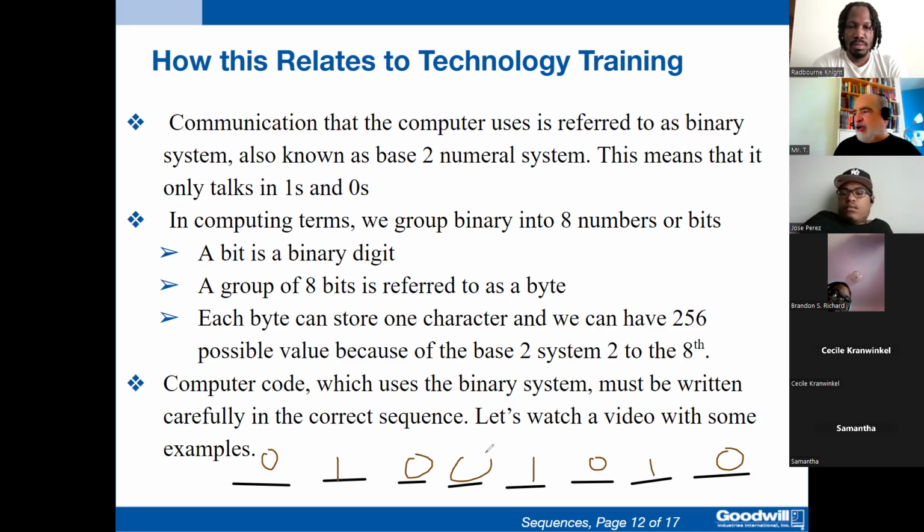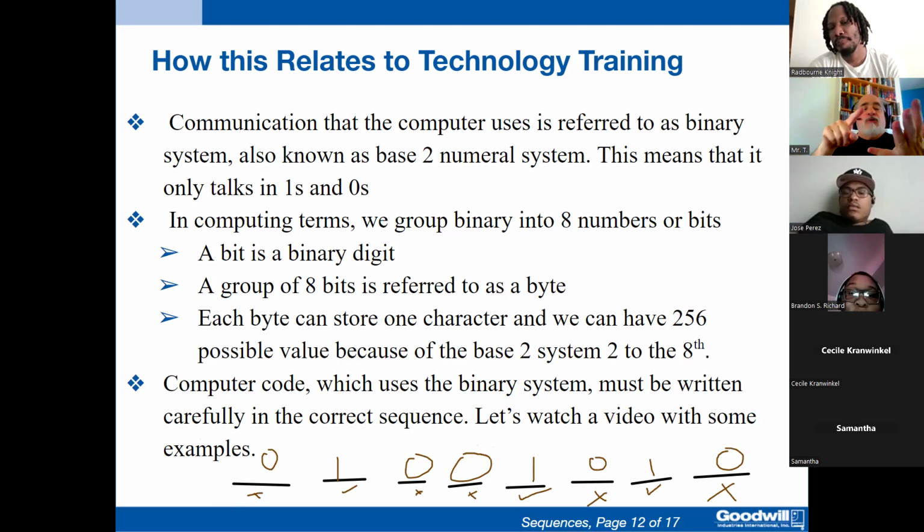That is what a byte looks like. We're saying the first bit is off, the second bit is on, this one's off, this one's on, off, off, on, off, right? So depending on what zeros and ones you have, there are 256 possible combinations.